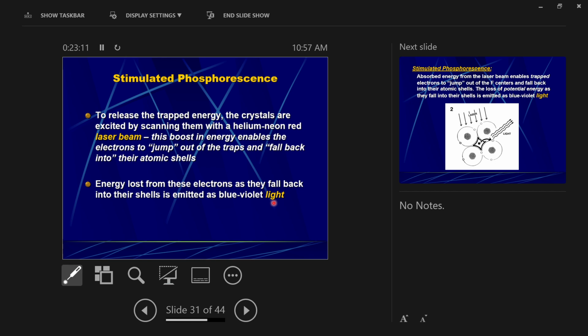How much visible light do they emit? Exactly as much as they absorbed with the X-ray photon energy. So whatever energy they absorbed from the X-ray photons, they emit that back out as visible light when they're processed, when the red laser light shines on them. That light emitted has to be captured and read by the computer, and that's the job of the processor.